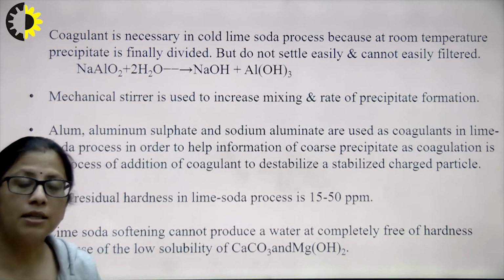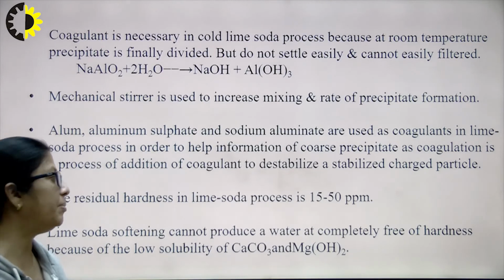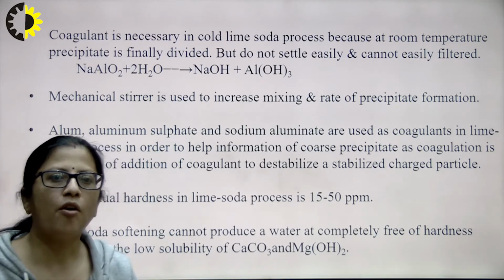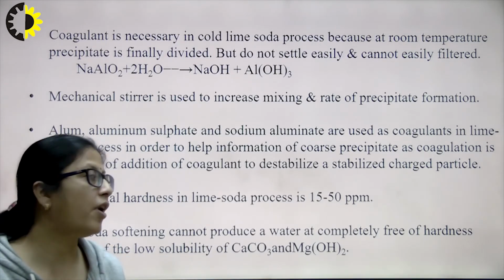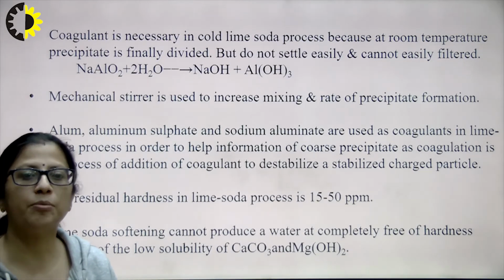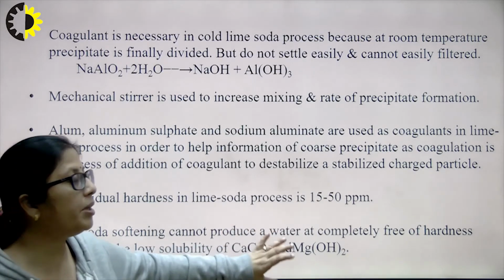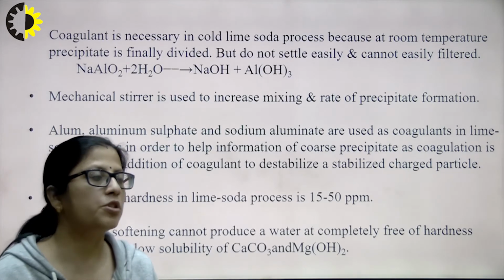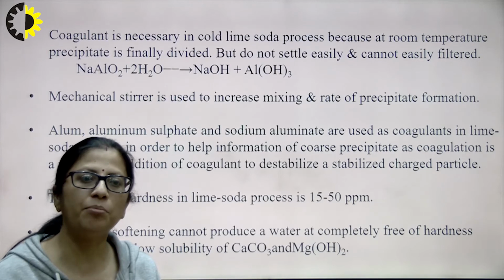The residual hardness in the lime soda process is around 15 to 50 ppm, and the process cannot produce water which is completely free of hardness because of the low solubility of calcium carbonate and magnesium hydroxide. So the water cannot be 100% free from hardness. There is going to be residual hardness, which is because of the low solubility of calcium carbonate and magnesium hydroxide.